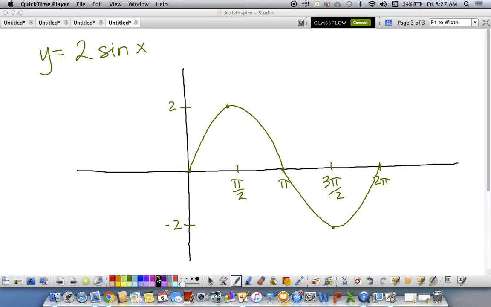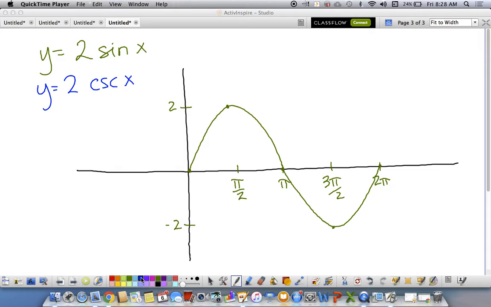So eventually, we get to the point of, if you can graph the sine or cosine graph, then graphing its reciprocal function. So now if I ask you to graph y equals 2 cosecant x, you've got the original graph done.